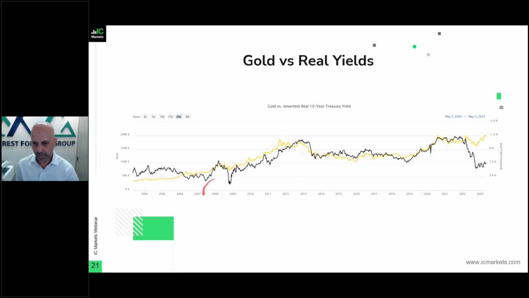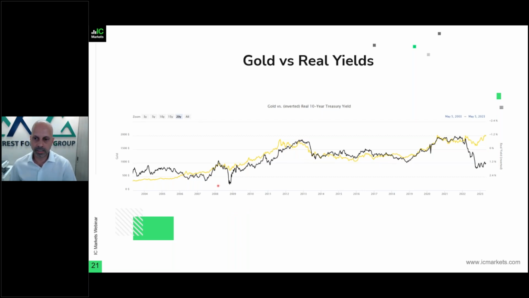So as you can see here, of course, no correlation or inverse correlation is always 100%. There will always be periods in time where the correlation breaks down. So we have to be aware of that as well. But generally, this correlation holds very tight.